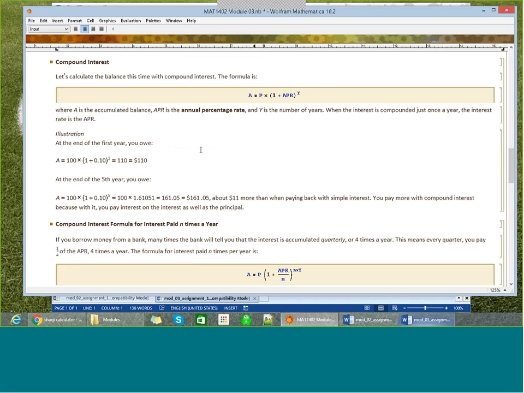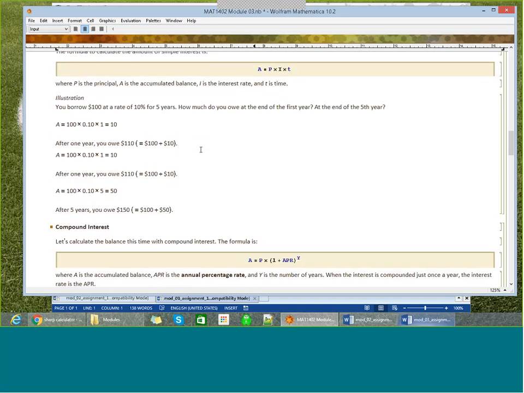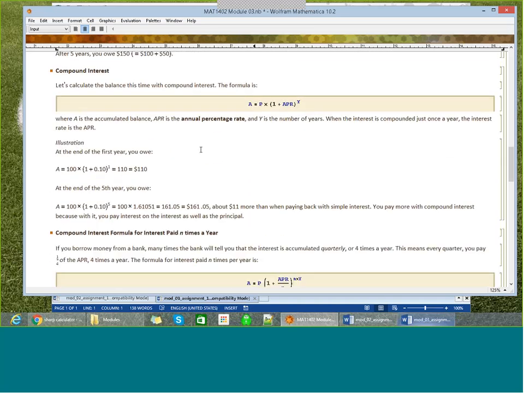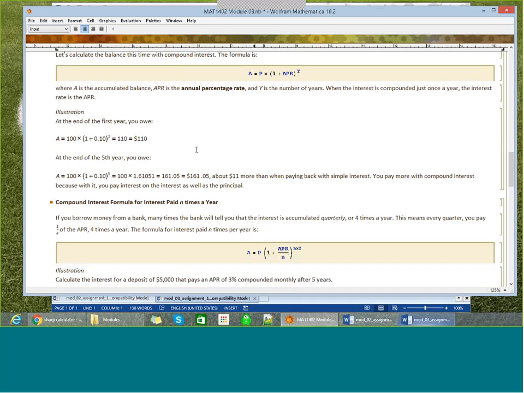So let's go back to the simple interest example, the same thing, but compounded annually. Punch in this formula: 100 times 1 plus 0.10 raised to the 1 power. If you punch that in your calculator, you should get 110.